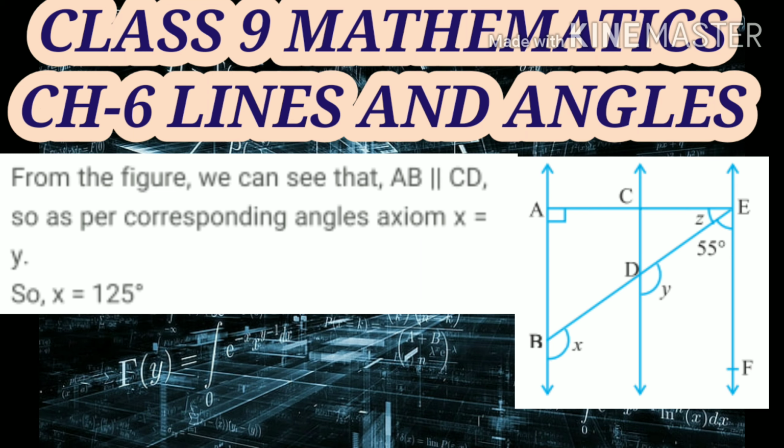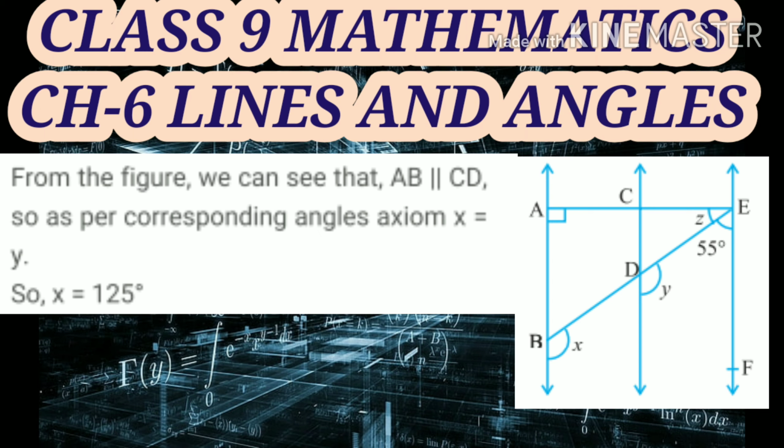Children, here in this figure you can see again that AB is parallel to CD, which is given, and BDE becomes the transversal line. So X and Y make a pair of corresponding angles, and by the properties of corresponding angles we know that corresponding angles are always equal.